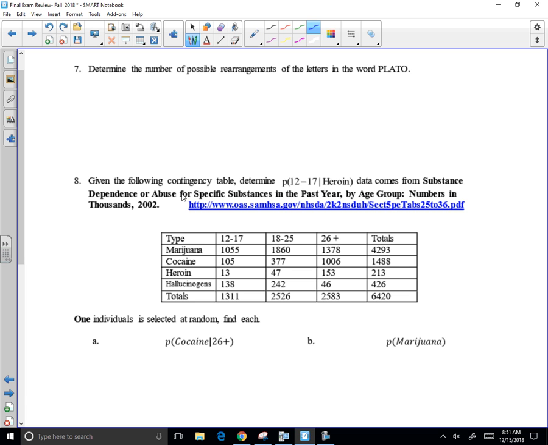Number of possible rearrangements of the letters of the word Plato. All right. This is a strange one, but the key term there is, I mean, it's rearrangements, but it's arrangements. Arrangements is another way of saying permutation. I have 5 letters that I need to rearrange.